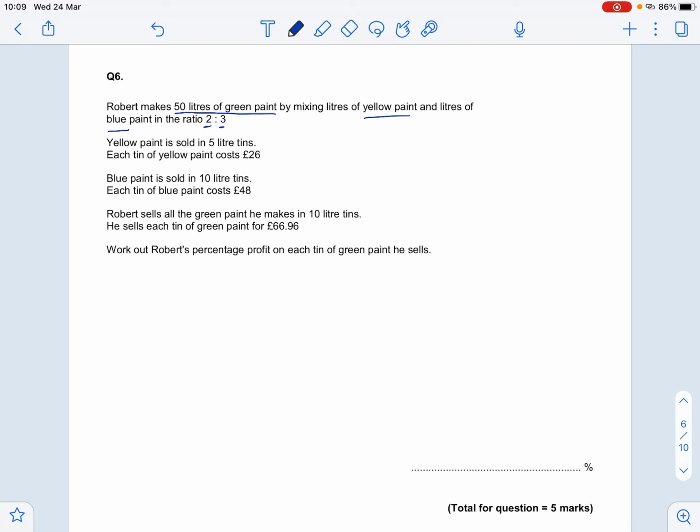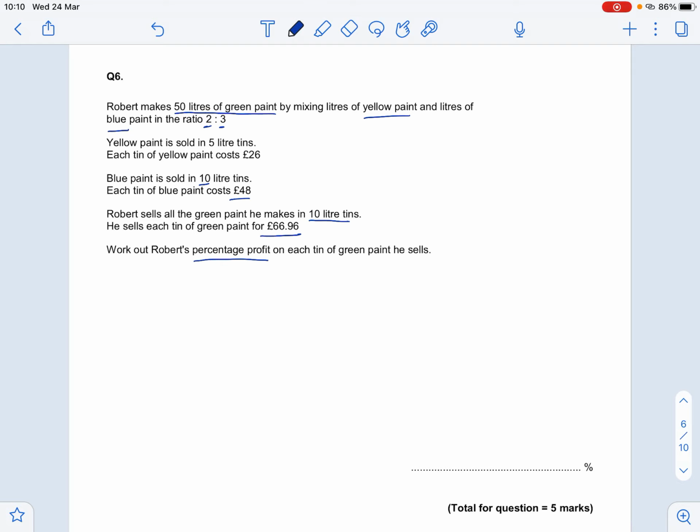Each tin of yellow paint costs this much. Blue paint is sold in 10 liter tins and each tin costs this much. Robert sells all the green paint he makes in 10 liter tins. He sells each tin of green paint for that much. So work out his percentage profit.